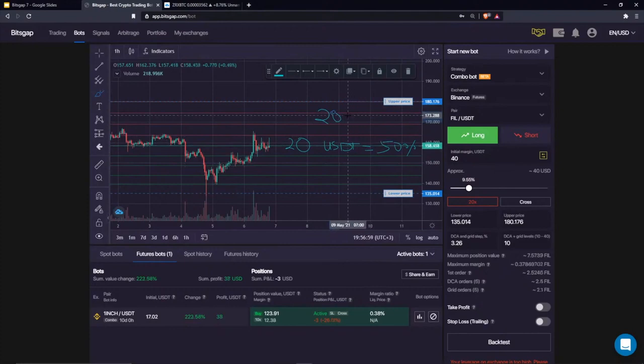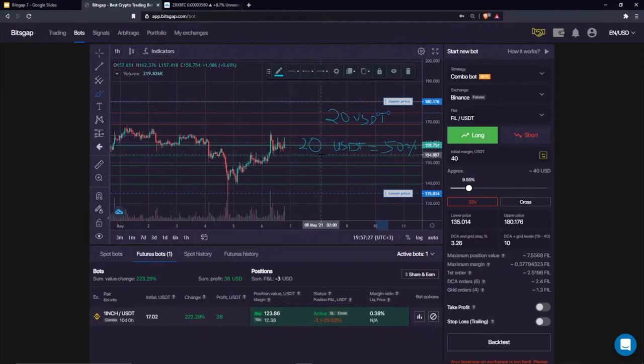Because in futures trading, in order to plot both limit buy and short sell orders, you need to have the margin. That's why, in order to have these sell orders, you also need to plot 20 USDT as margin. Also, we have DCA buy orders below in case the price falls, so it will increase my exposure and adjust my entry price the same way it does in the spot market with the SBot and the classic bot. So here we also have $20.